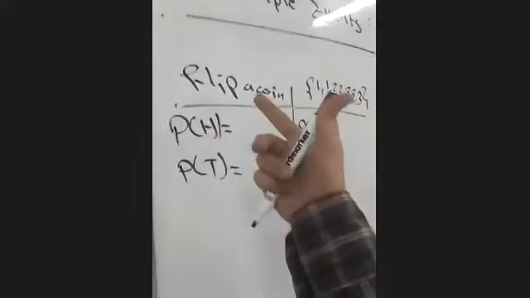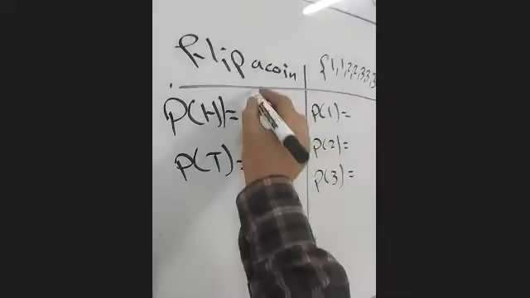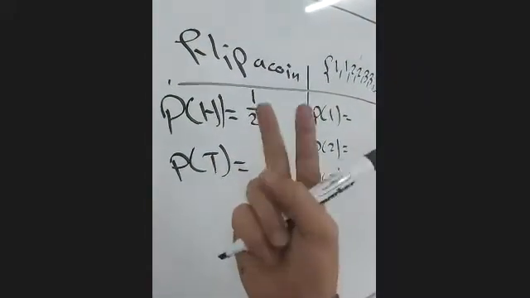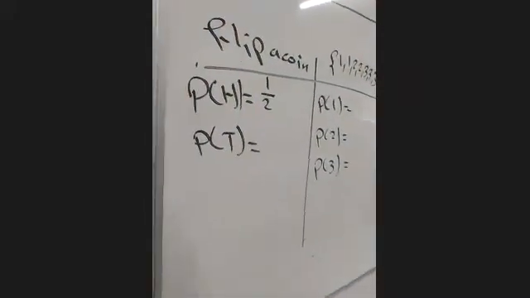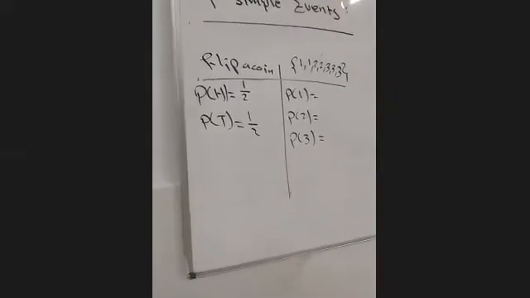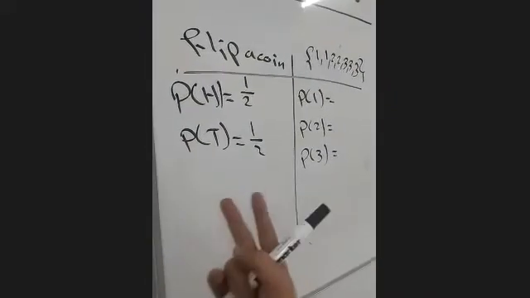If we flip a coin, probability of head is half, 1 over 2. Why? Because in the coin we have 1 head and 2 outcomes, head or tail. Also, probability of tail is 1 over 2, because we have 1 tail and 2 outcomes.